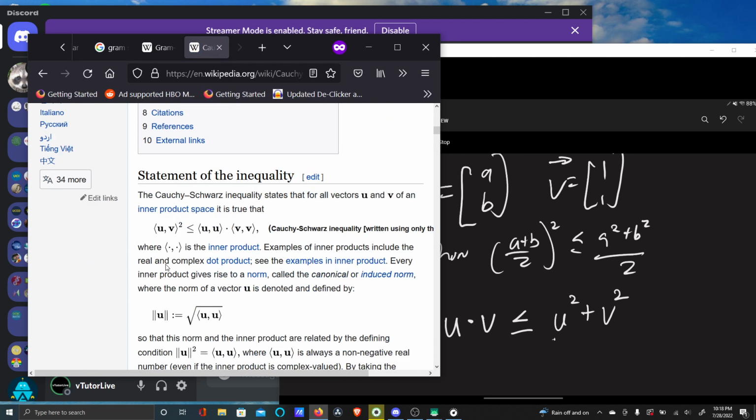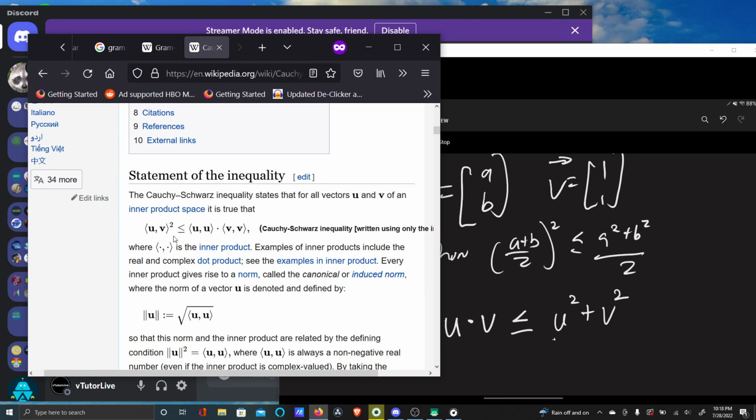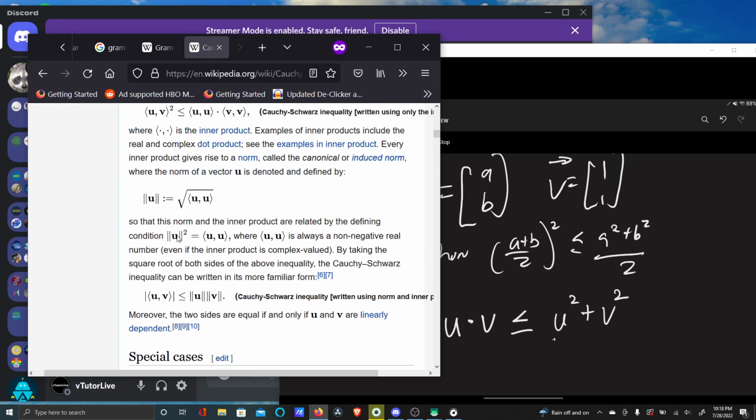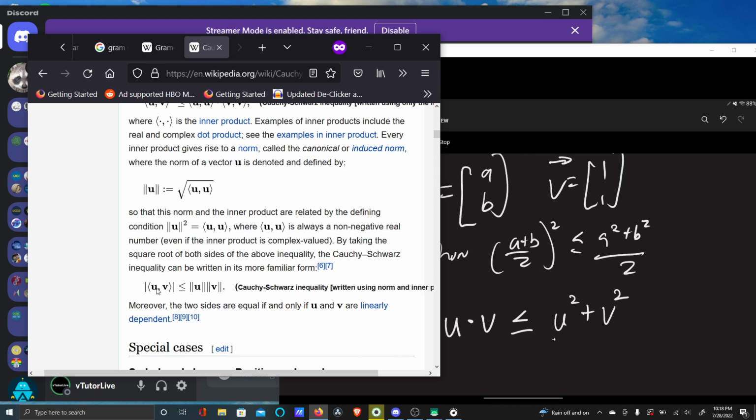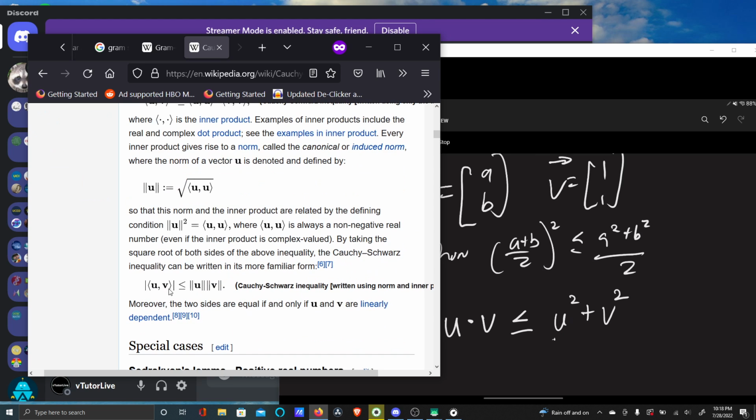This is bad, it's been so long. Yeah, it's that one, the norm. What are those two vertical lines called? It's like absolute value brackets. That means you take the magnitude.